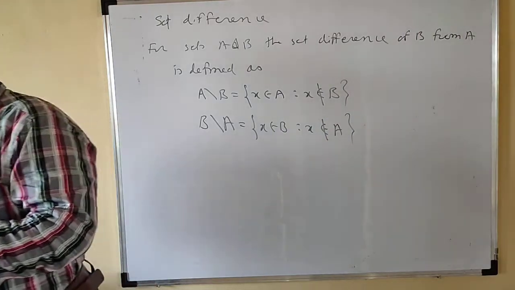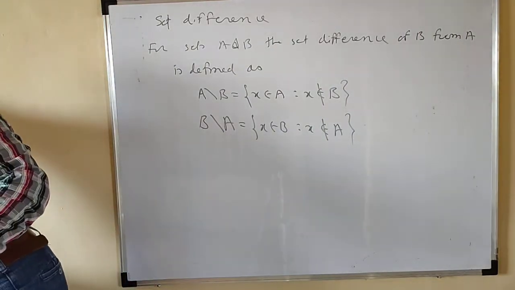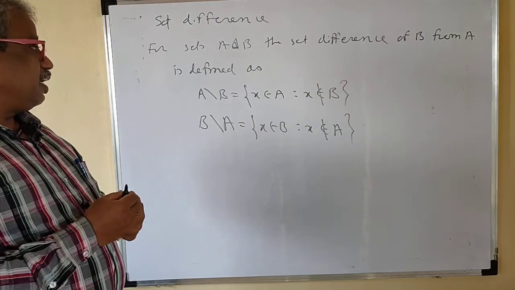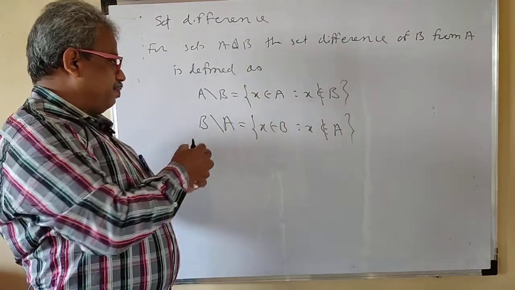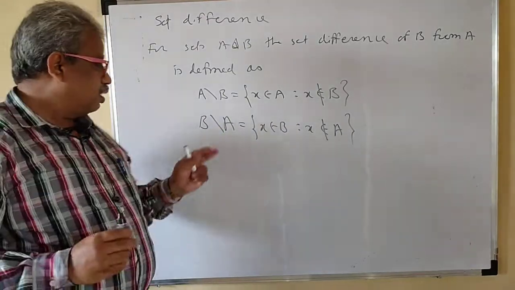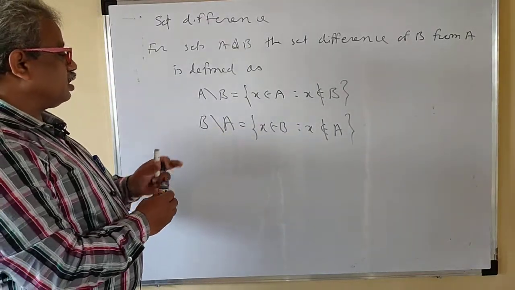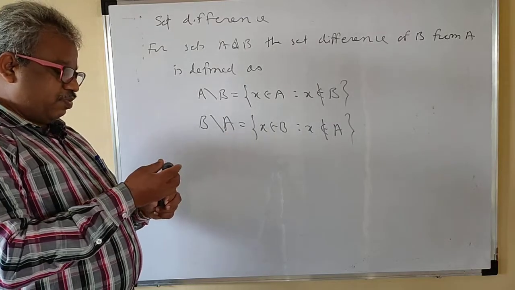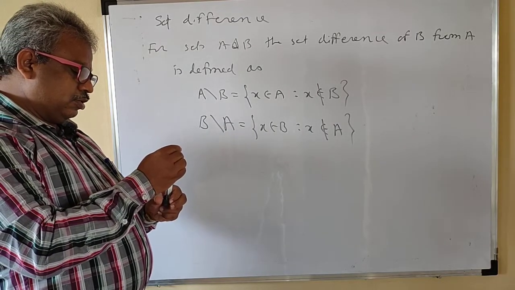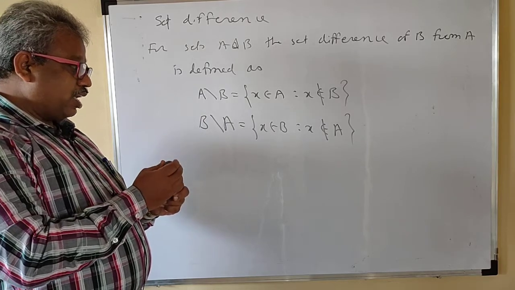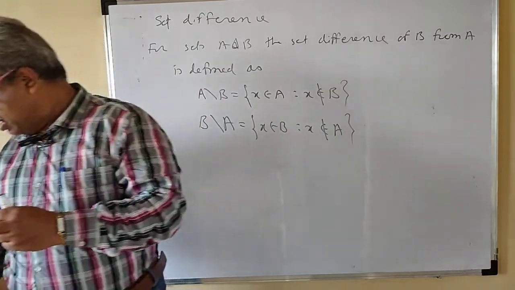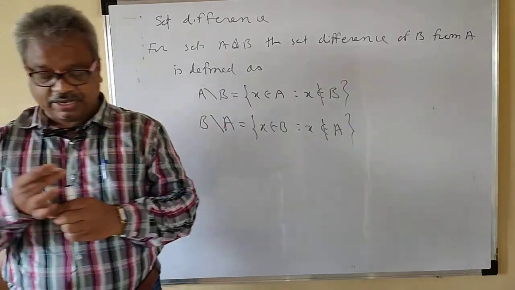Now see here, this is A minus B, and that is B minus A, the set of all elements x belonging to B which are not in A. That means x not in A, so it is in the complement.